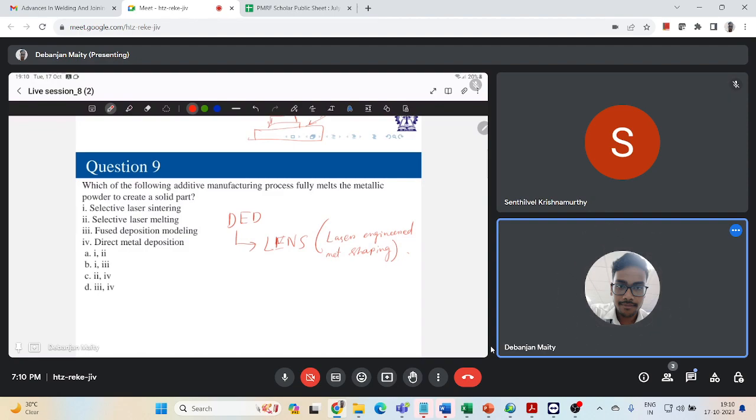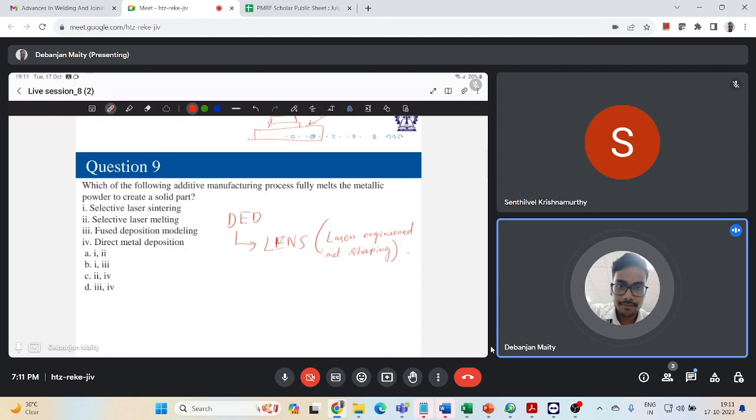So again, let us recapitulate what I have talked about. It is basically using the focused thermal energy from the heat source to melt and fuse the feedstock or powder you are trying to deposit, and then deposit it onto the substrate, right?